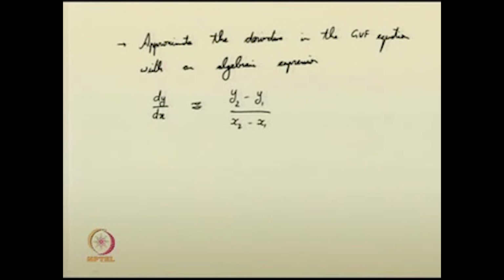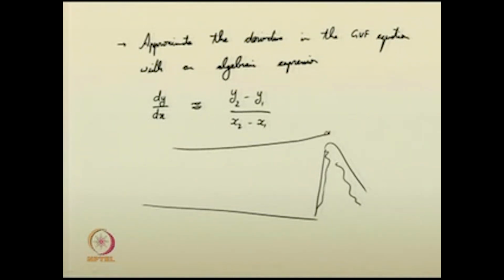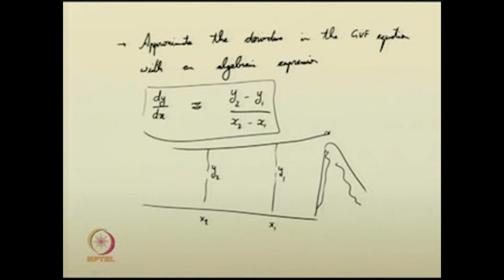That is, from the control section, if you have two locations, this is x1, this is x2, and the corresponding depths y1 and y2, then the slope of the water surface dy/dx between these two sections can be approximated by the algebraic expression (y2 minus y1) by (x2 minus x1).